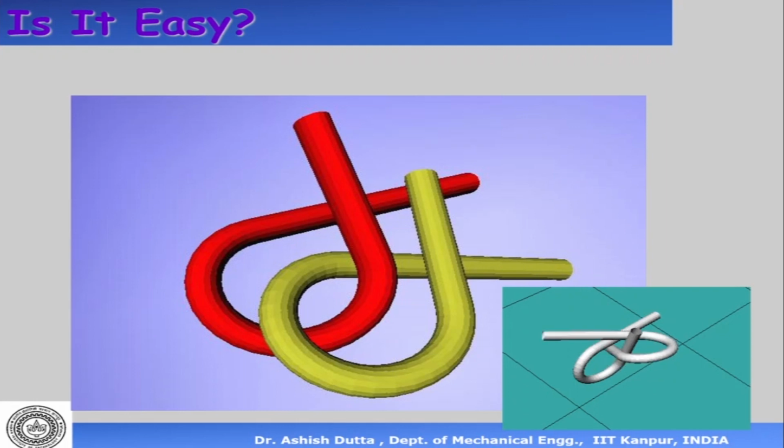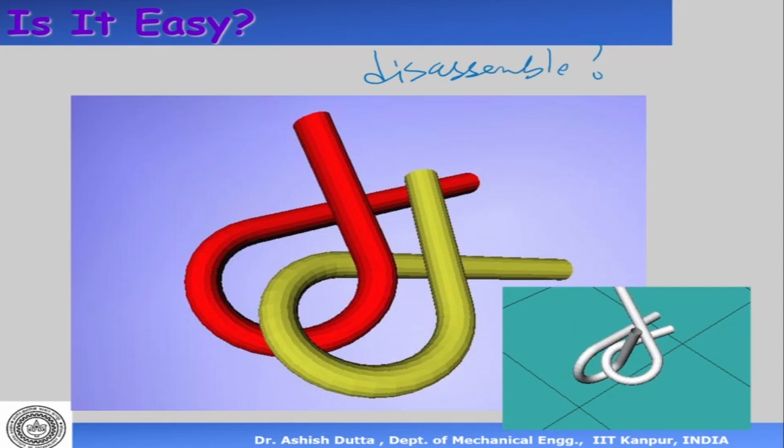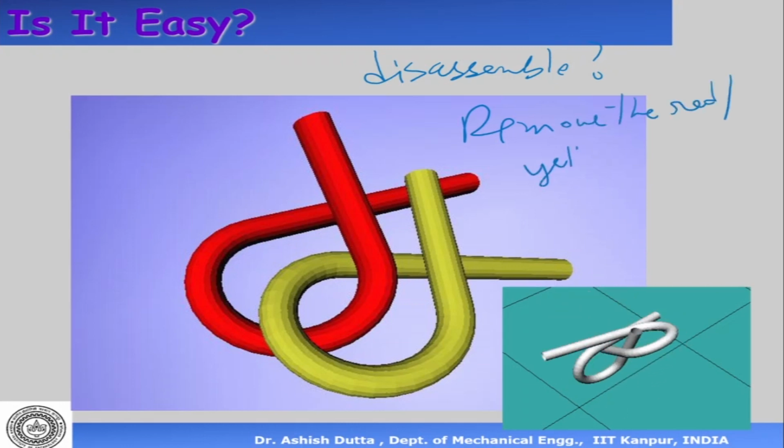Can you remove the red ring and the brown ring without bending them? Can you disassemble them? Can you remove the red and yellow one without bending?